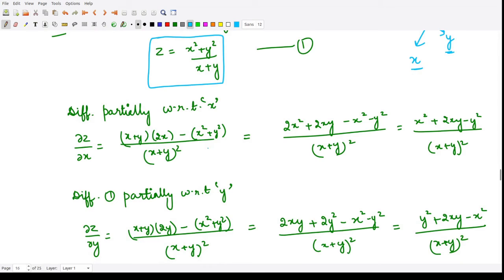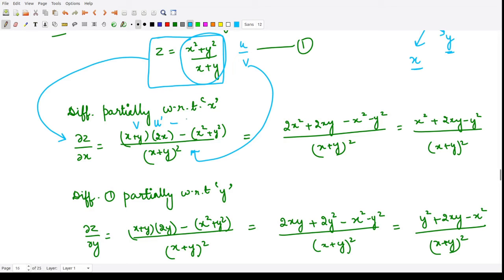Now when you differentiate this quantity partially with respect to x, you have to apply the quotient rule on the right hand side. For that we will suppose this is u and this is v. So we would have v square in the denominator, and in the numerator we would have v as such times the derivative of u, minus u as such times the derivative of v.